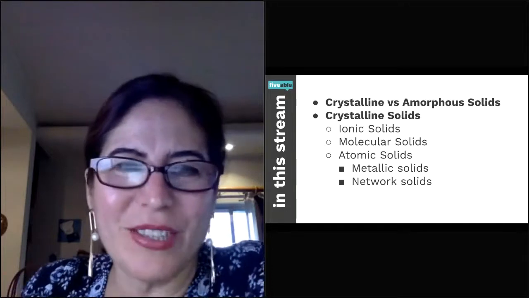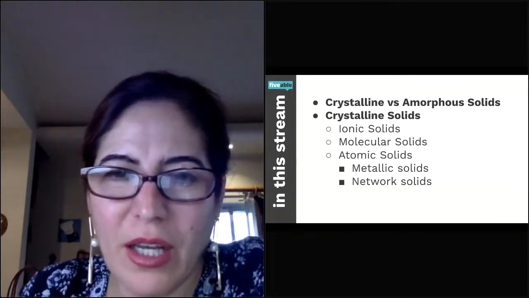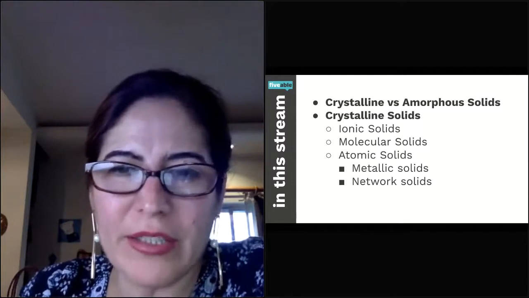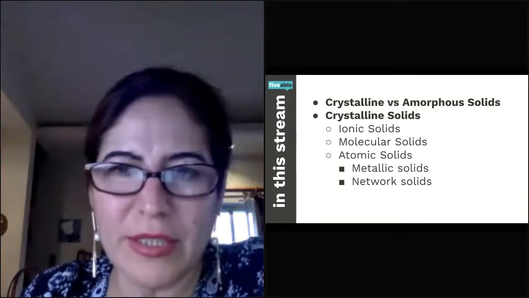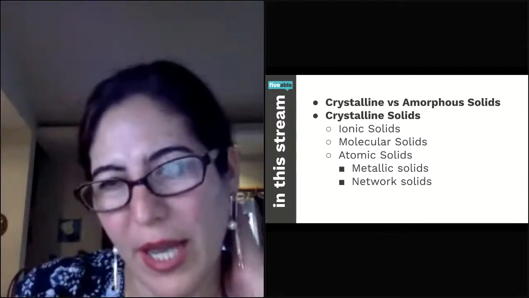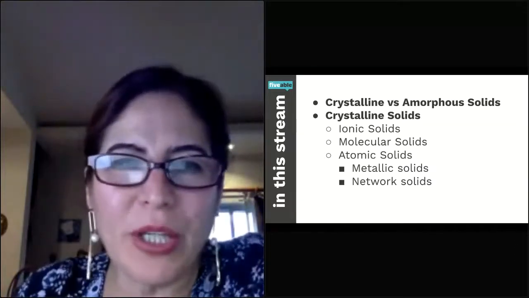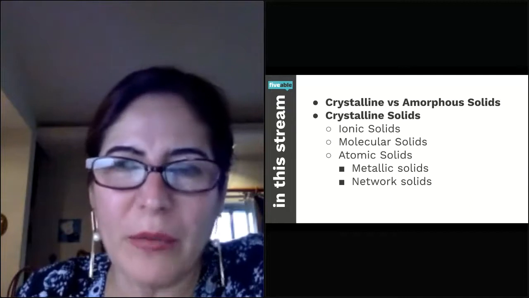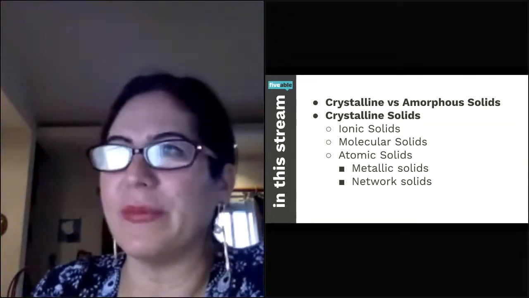Okay, so 3 of you already answered if ionic solids are brittle or malleable. 2 of you answered, do molecular solids conduct electricity? But only 1 of you answered the one on classification of plastics. So we're going to leave those answers pending, and then we're going to answer them throughout the stream.